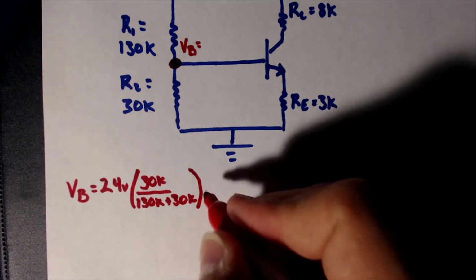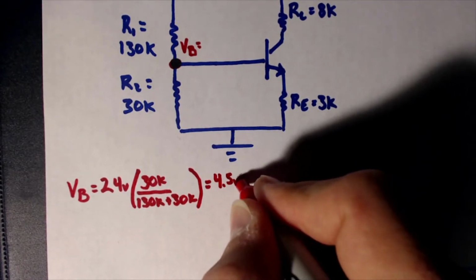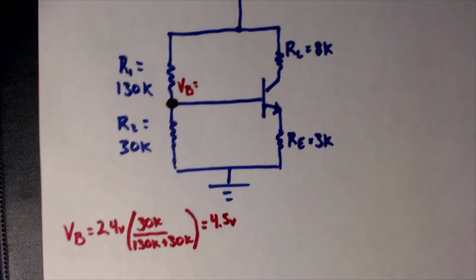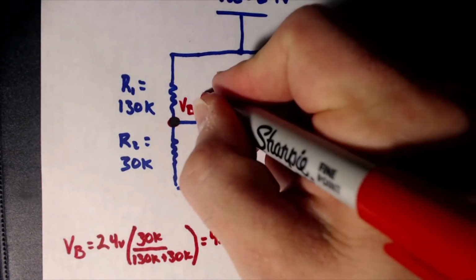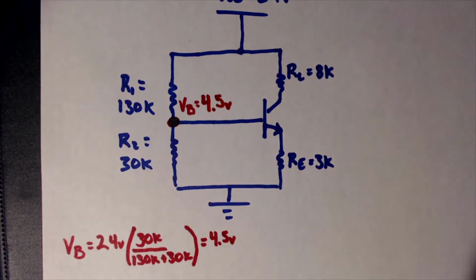What does that end up giving us? 4.5 volts. Essentially, we just found out that the voltage at this point is 4.5 volts. That's the first thing you want to do.